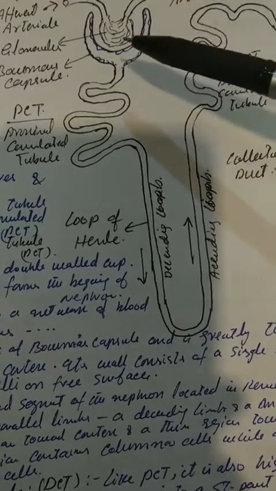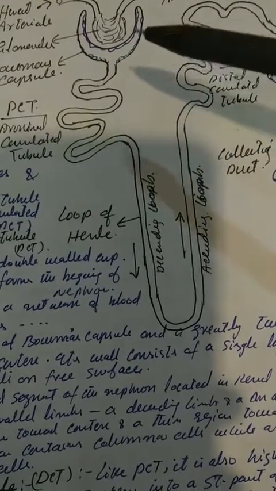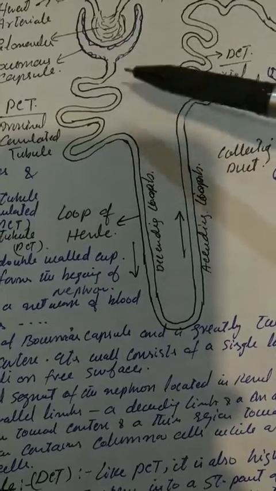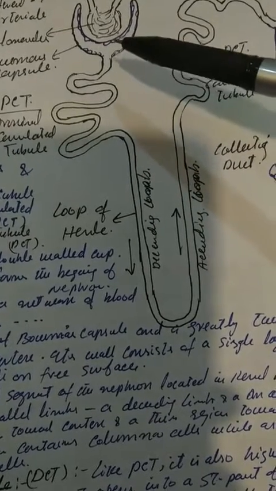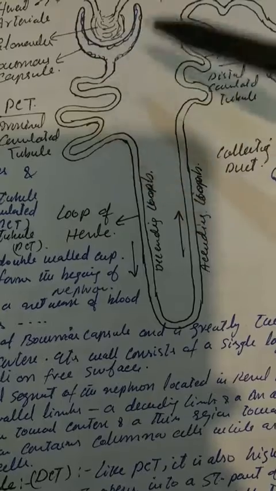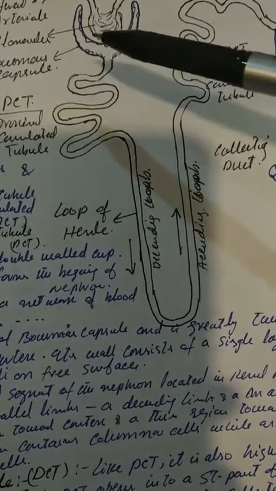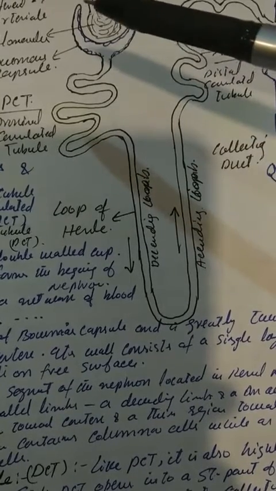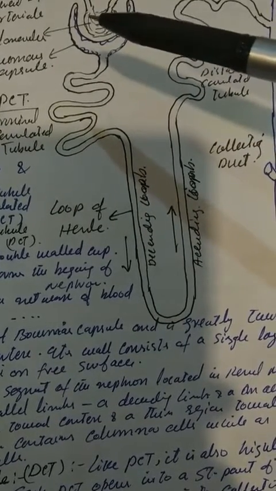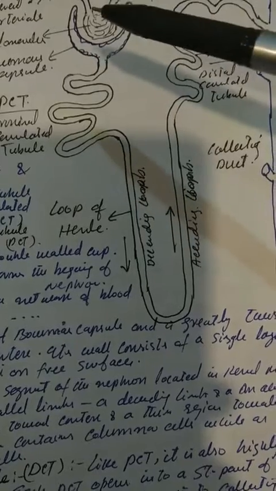Now, as you can see, this Bowman's capsule is a large double-walled cup-like structure. It lies in the renal cortex. As already said in our previous topic, the kidney is divided into 2 regions, that is renal cortex and renal medulla.